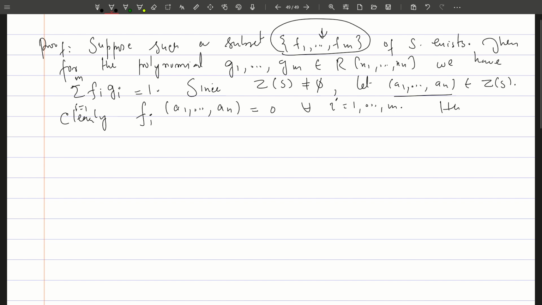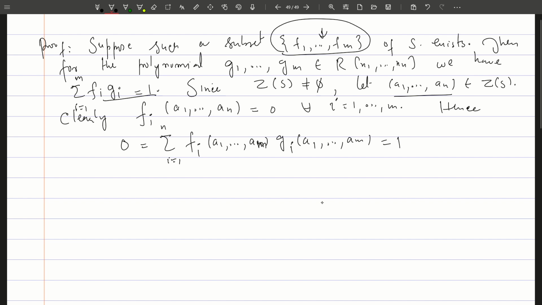So hence we have 0 is the same as the sum of fi of a1 through an times gi evaluated at a1 through an, where i goes from 1 to m. So this is 0, but at the same time, by hypothesis, this is 1. So that implies 0 is 1.